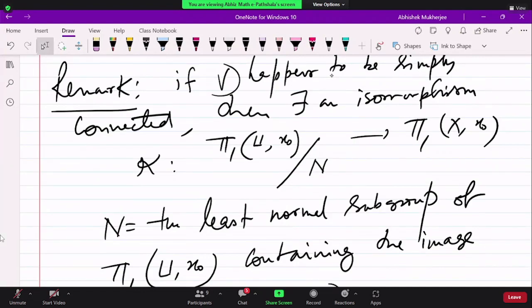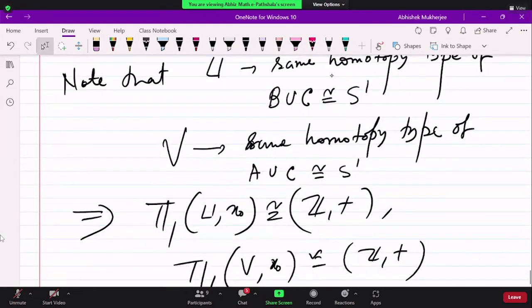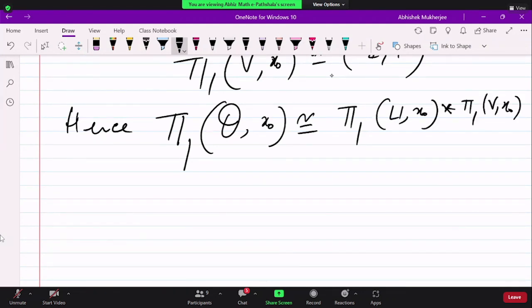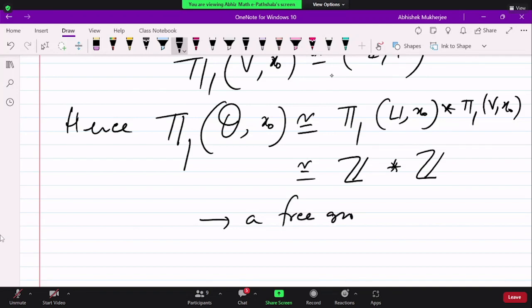The kernel is going to be the singleton set. So this is isomorphic with the free product of these two groups, that is Z free product with Z. So this is a free group on two generators, right? Great.